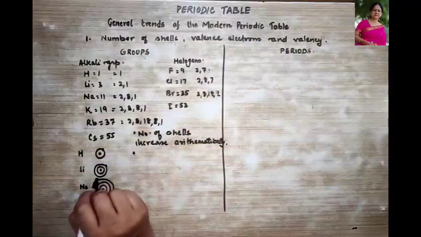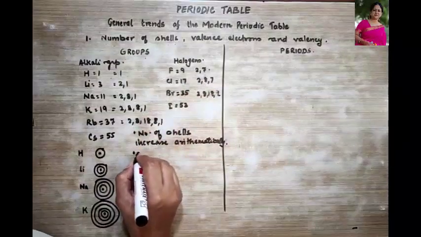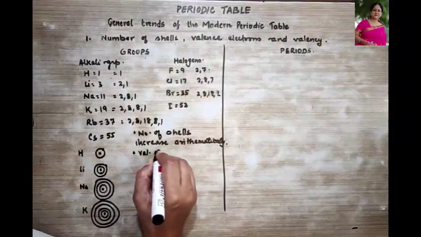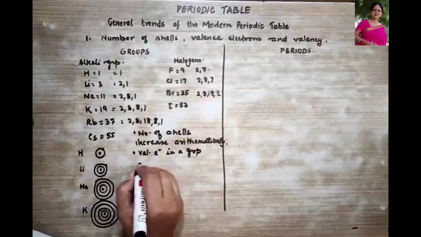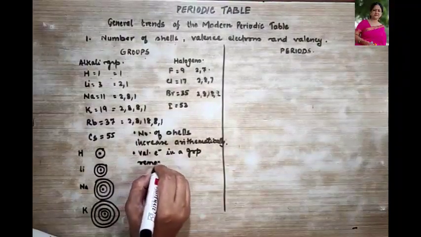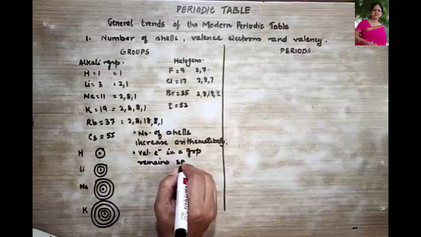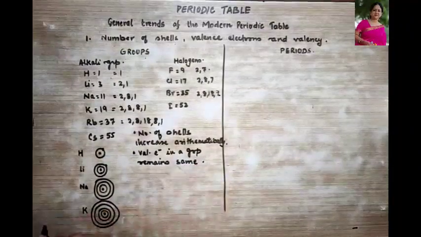So the second point we studied is that valence electrons in a group remain the same. Is this point clear?